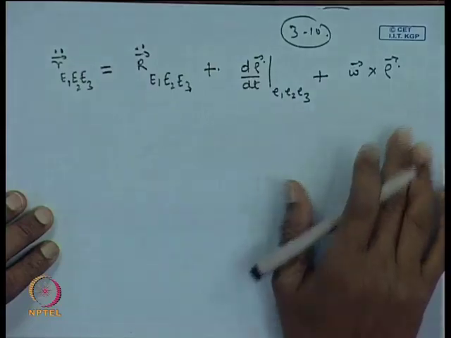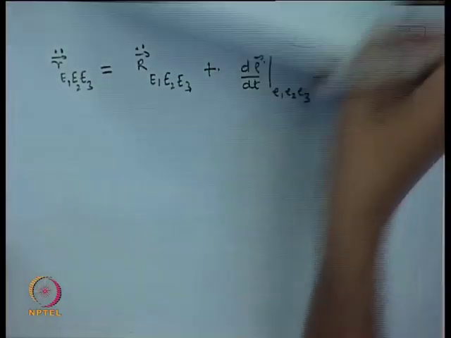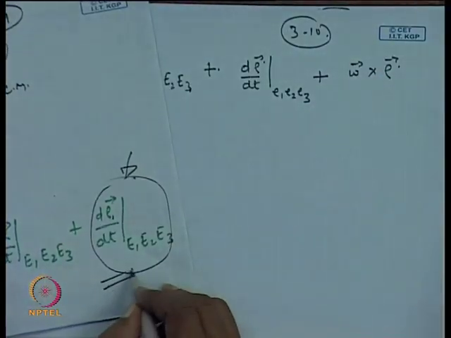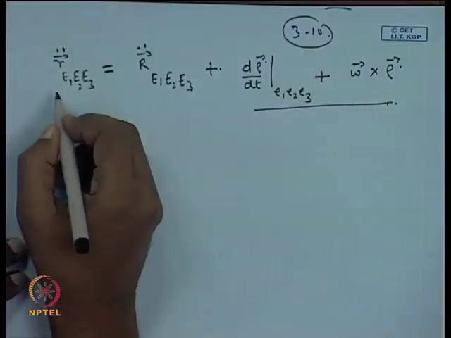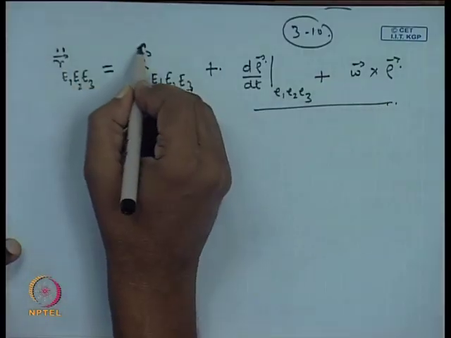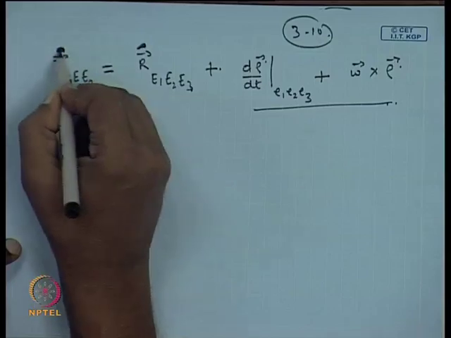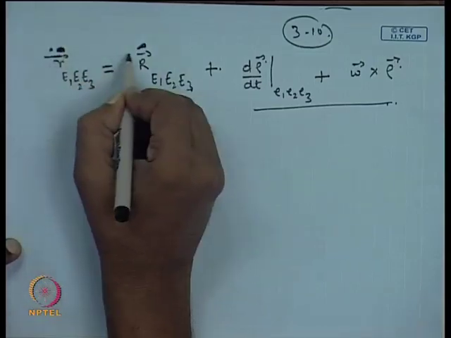This is the first derivative that we have taken. So, this quantity has been expanded and written in this format. This is the first derivative, only one dot will come.